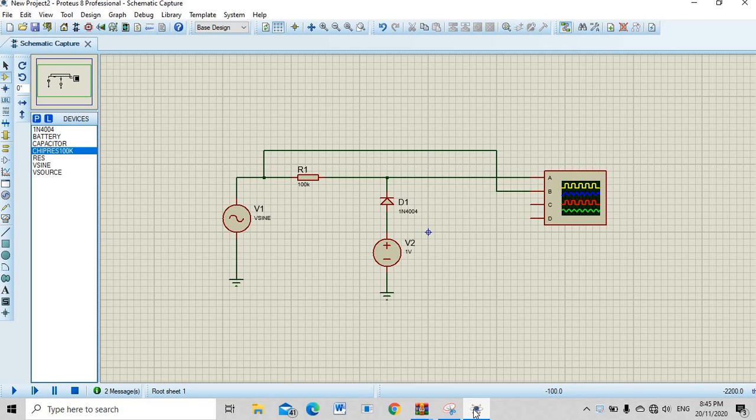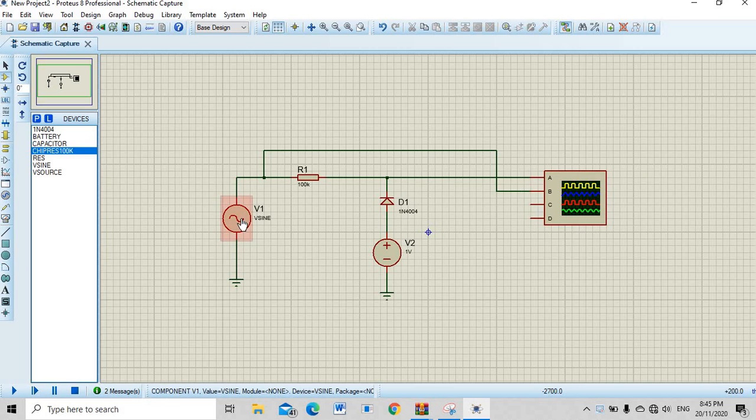Okay, I will present about simulation of lab 2 diode application, clipper and clampers. First of all, we need to draw in the process similar to the circuit given in figure 2.3.